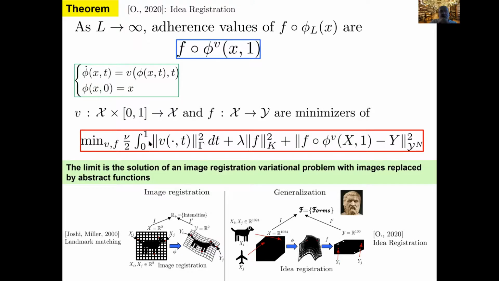Note also that this continuous loss looks like the type of loss functions used in image registration to identify the best alignment between two images based on landmarks placed on those images. But here the images are replaced by abstract and unexpressed functions, and the landmarks are replaced by our input-output training data.